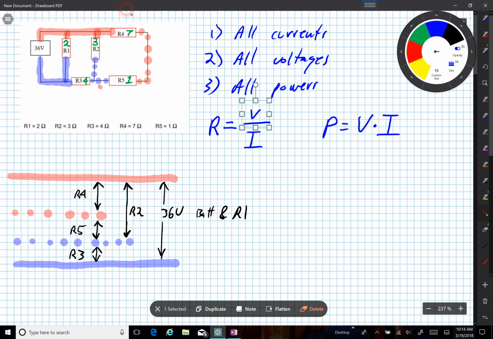If I walk through R3, I have a junction, and there's a decision to make. So R3 is not in series with anything. If I walk through R2, I hit a junction. There's nothing in series with R2. Only R4 and R5. There's no junction in this area over here. So R4 and R5 are in series. So I can draw an equivalent circuit.